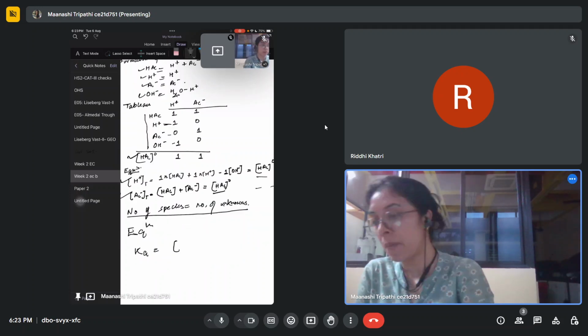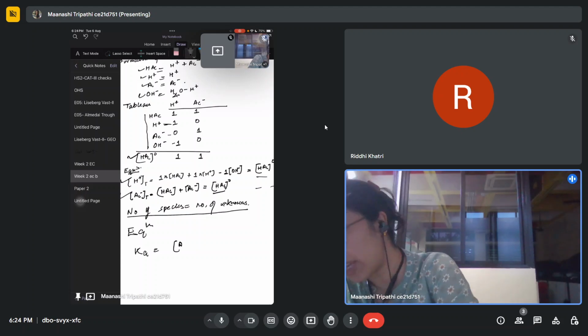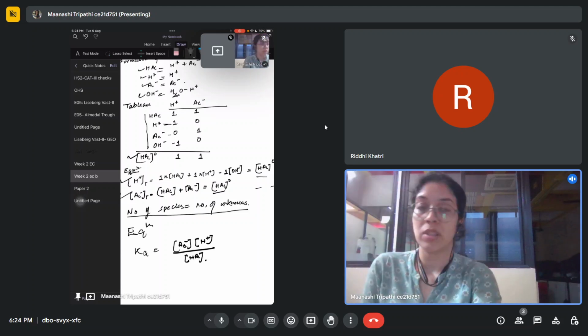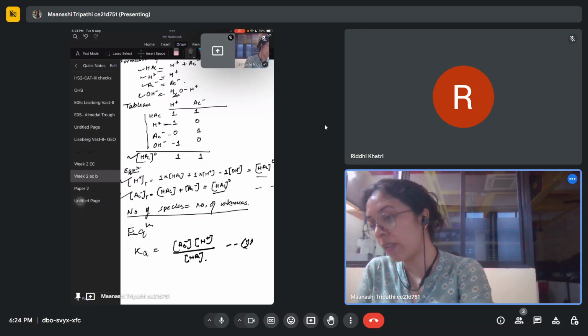So the equilibrium Ka, if we look at the equation, will be acetate times H plus divided by HAC. So this is our equation number 3.